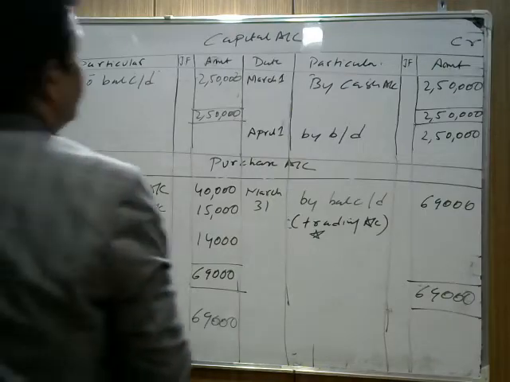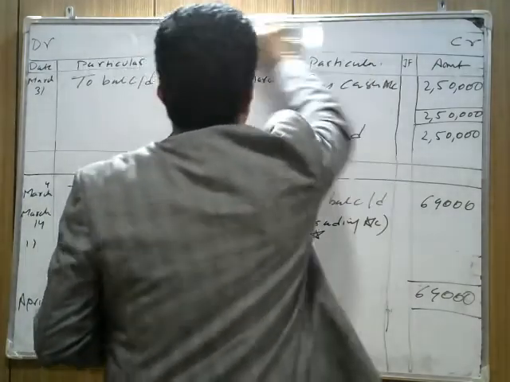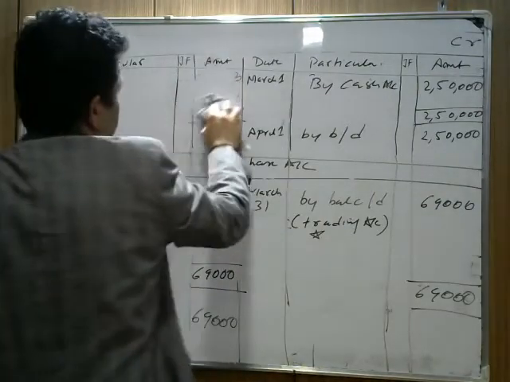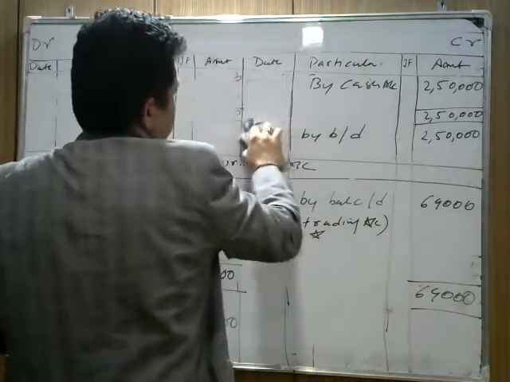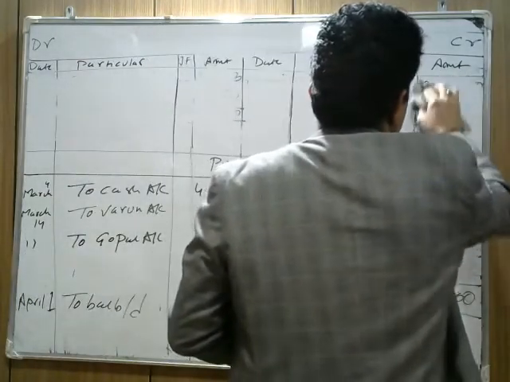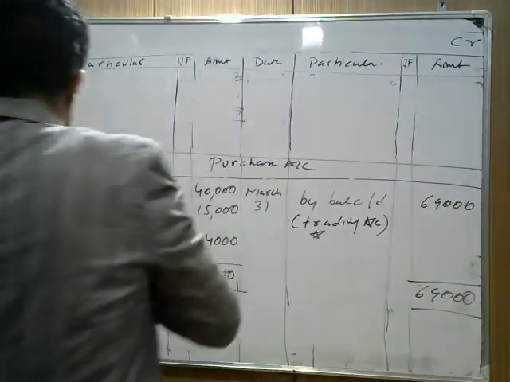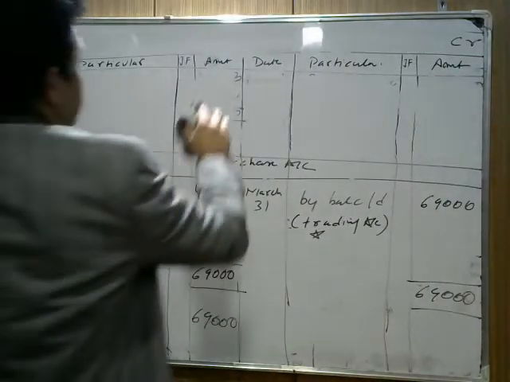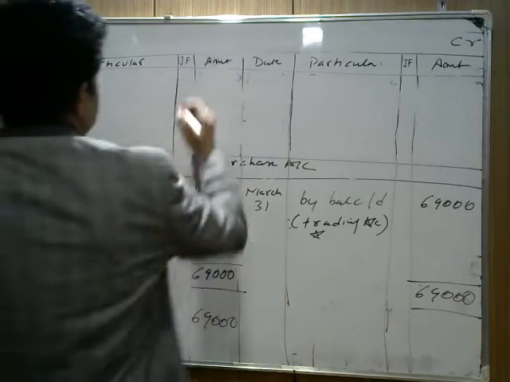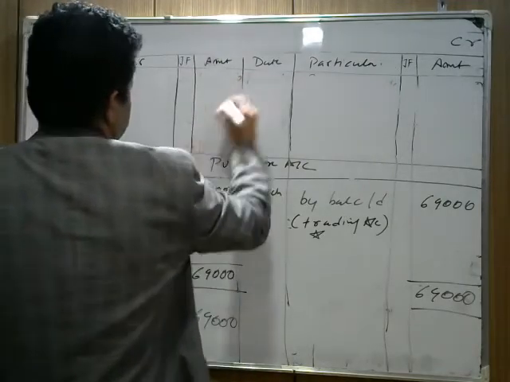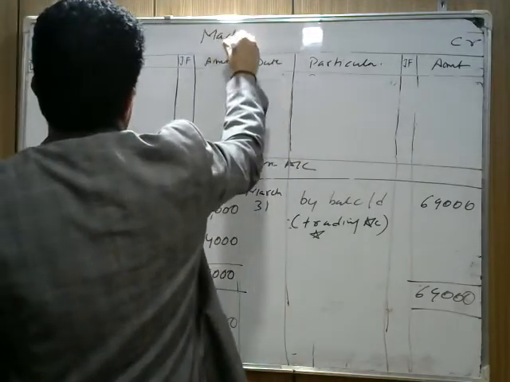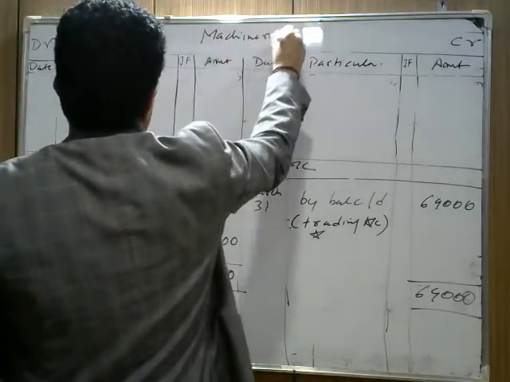Next ledger is machinery account. I am preparing machinery account now. So I need to rub out the first one. Next is machinery account. When we prepare machinery account, we write here machinery account.